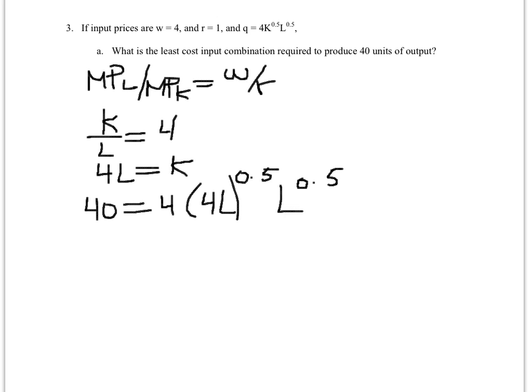Alright, and then from there you find L, and then you find K. So we've done these problems a bunch of times in class. In order to save time here, so the video can load quickly, I'm going to skip the last part. But you solve for L, and then you plug that into here to find K.